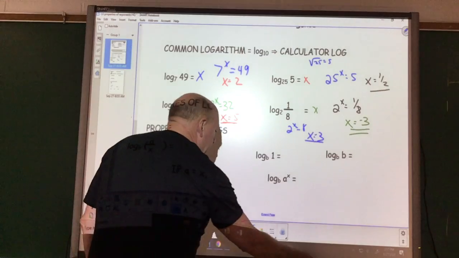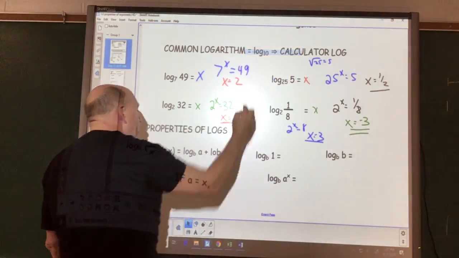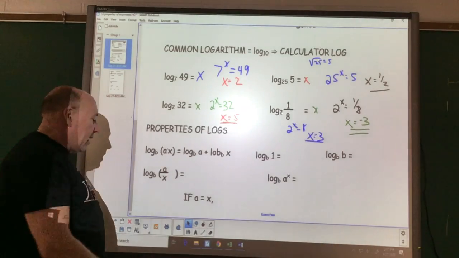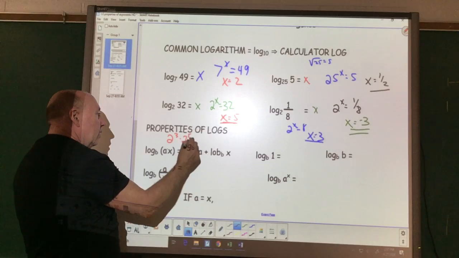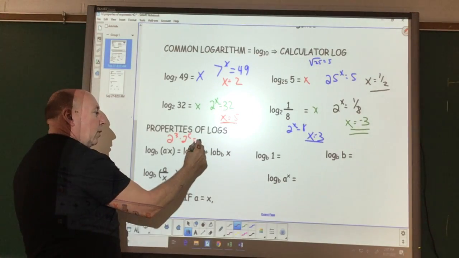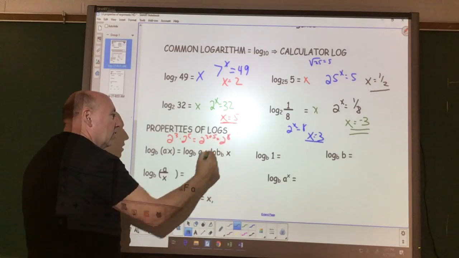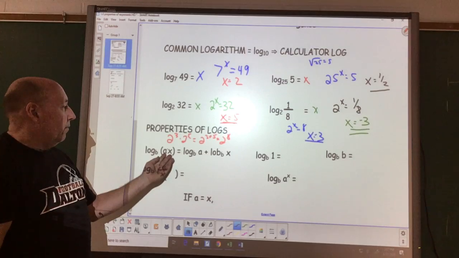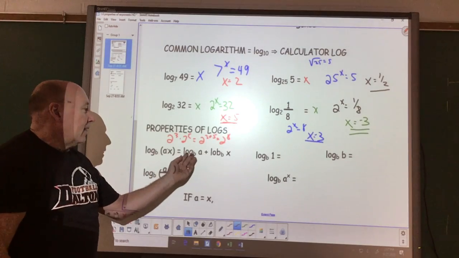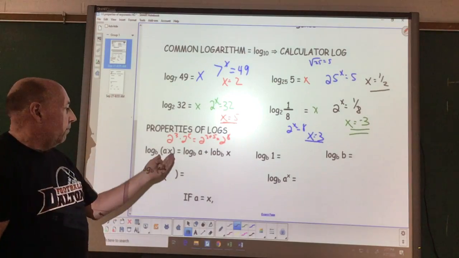Some properties of logs. If I have two things being multiplied together in logarithms, just like if I have 2 to the 3rd times 2 to the 5th, we can add the exponents to get 2 to the 3 plus 5, which is 2 to the 8th. Well, if I have two things that are being multiplied together, I can add them: log base b of a plus the log base b of x.